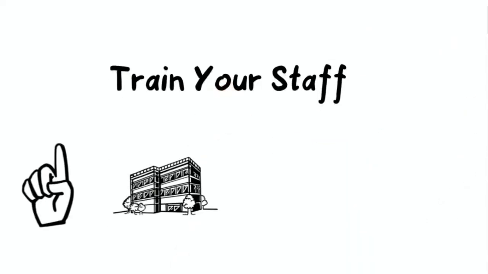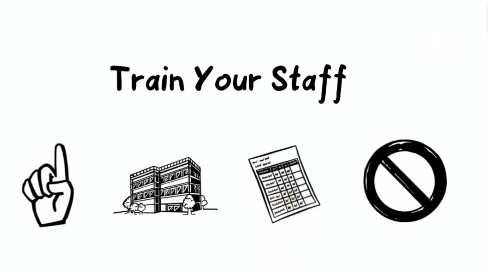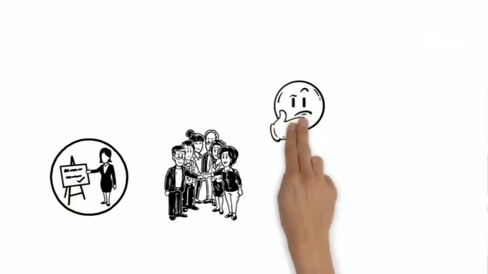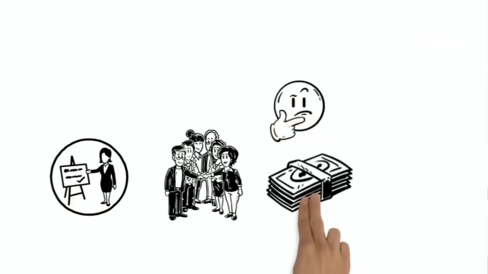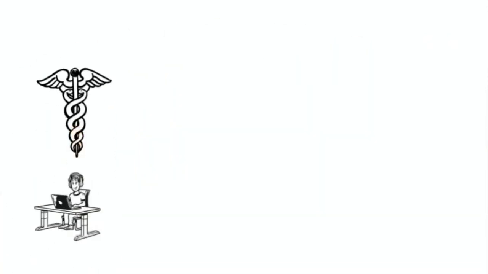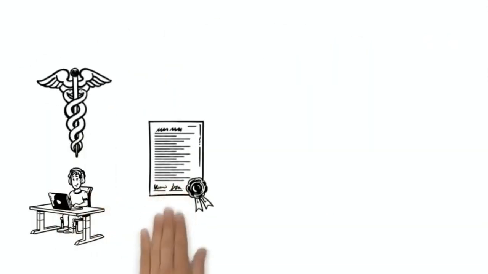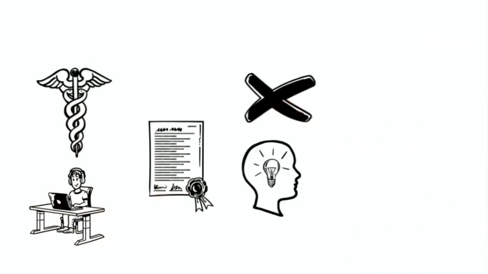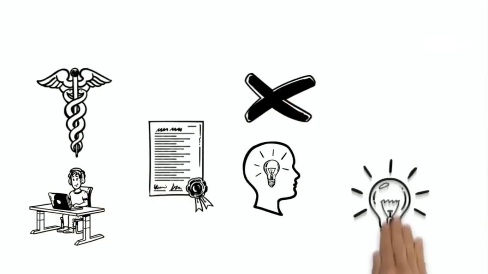Train your staff. One of the most common reasons a healthcare organization fails an audit is human error. This is where a well-trained and experienced billing team can be considered the most important driver of revenue for medical practices. Billers and coders who are credentialed and certified from the proper associations are less likely to make mistakes and understand how to properly manage these solutions.